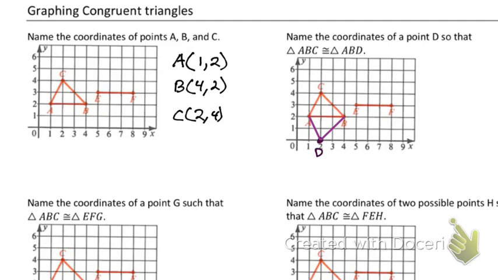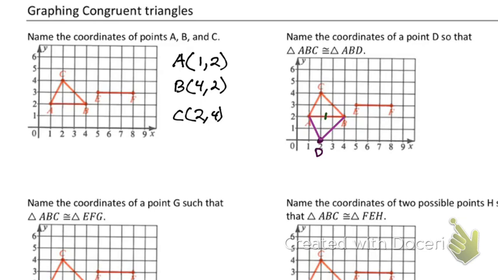All right, let's see if it's right. So we're making sure triangle ABC is congruent to triangle ABD. So first of all, is AB congruent to AB on this one? Yeah, it's a common side. So let's mark that. What color could I pick that stands out? Maybe green? So those match up. Our next ones that have to match up are BC has to be the same length as BD. Well, BC is up 2 over 2, and BD is down 2 over 2.